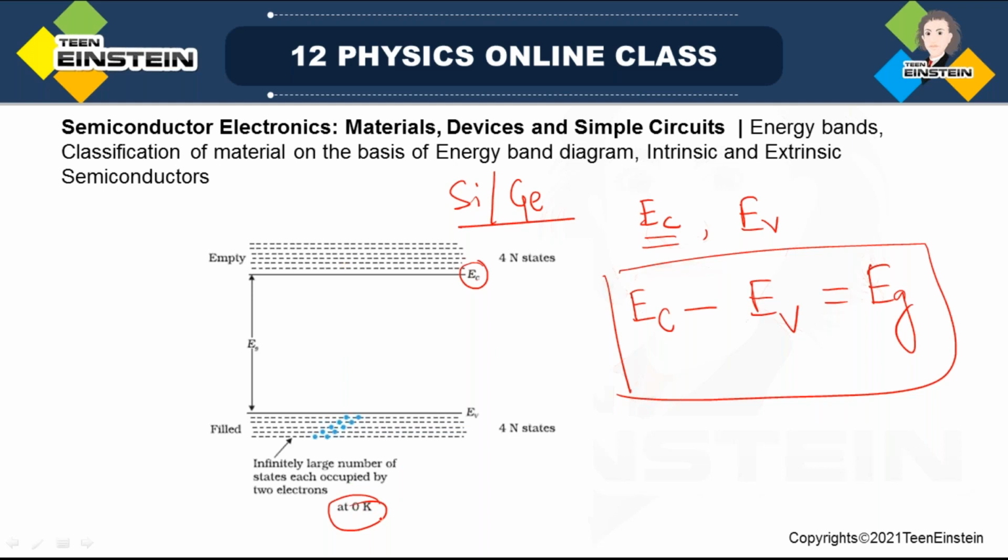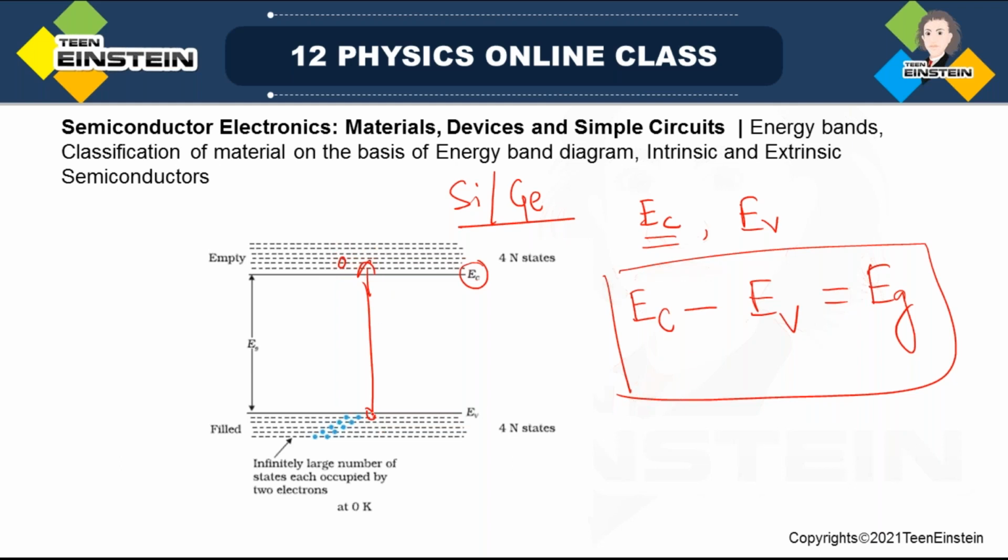But in some materials at room temperature, electrons from the valence band can gain sufficient energy to move to the conduction band. When this happens, the electrons in the conduction band will move freely and contribute to the conduction process.